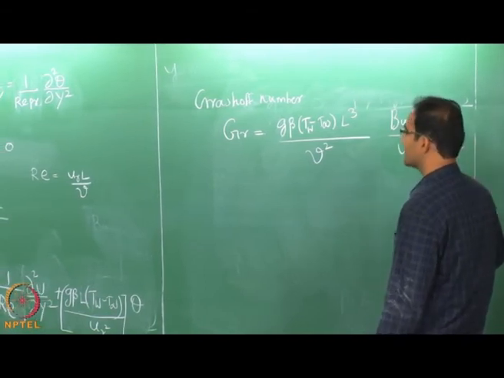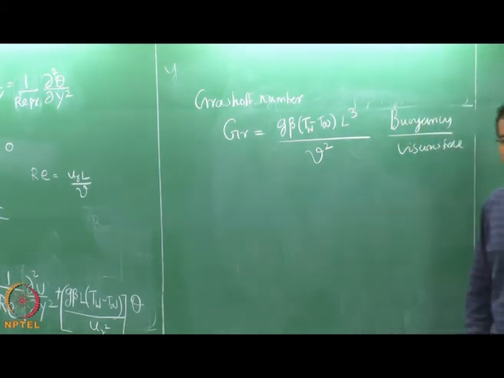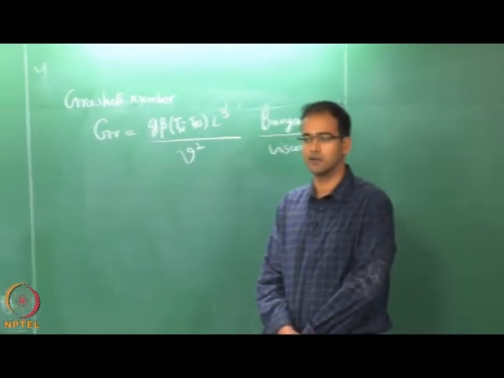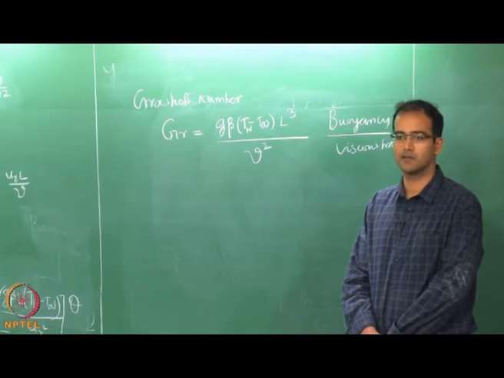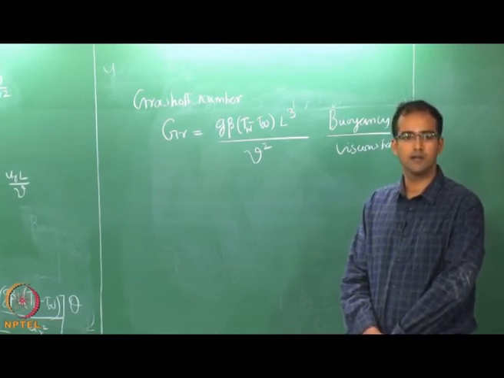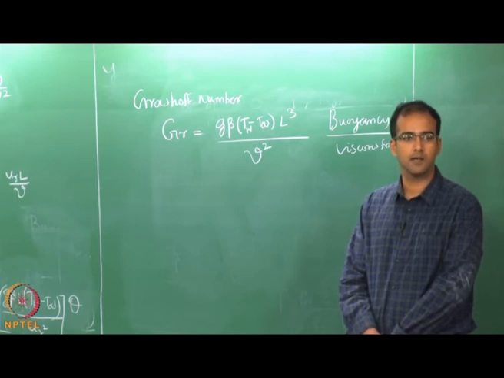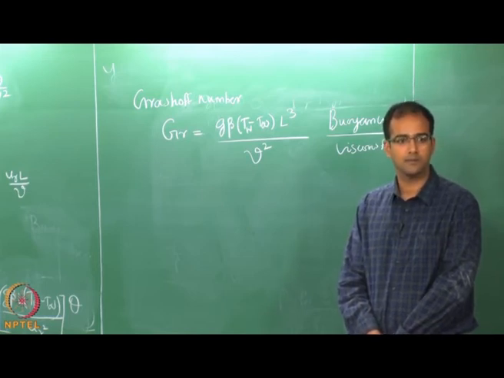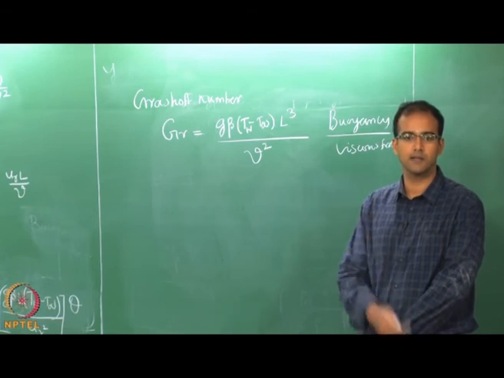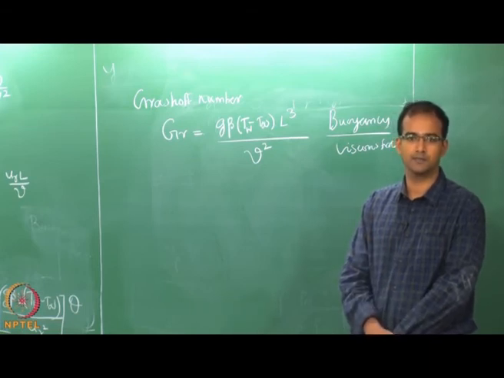You can imagine that this Grashof number is somewhat analogous to the Reynolds number in forced convection. There you have inertial force; here the inertial force is replaced by the buoyancy force, or in fact the inertia here is driven by buoyancy.